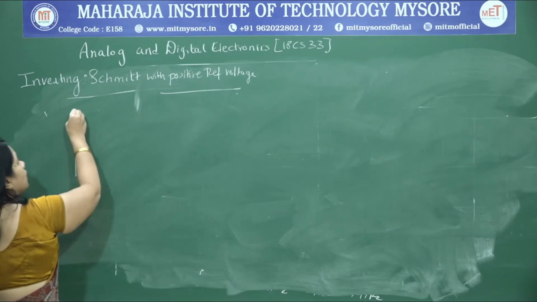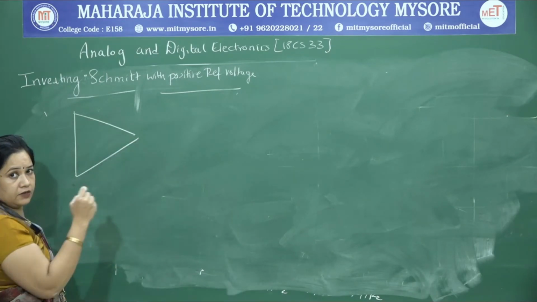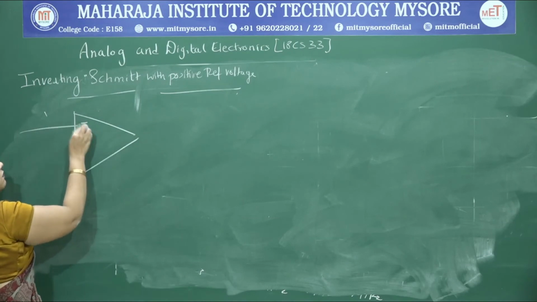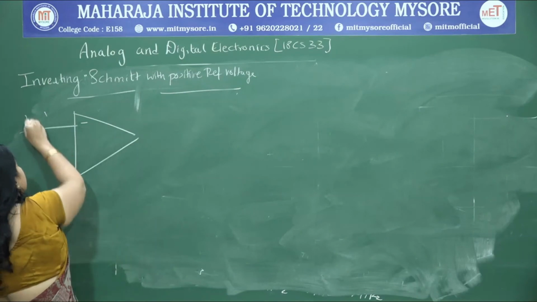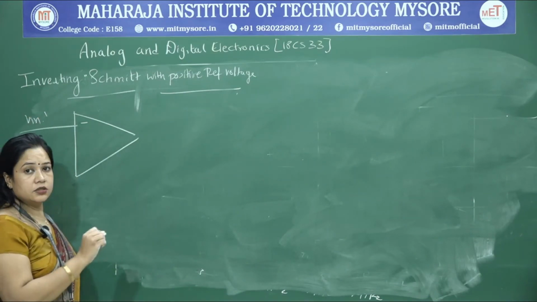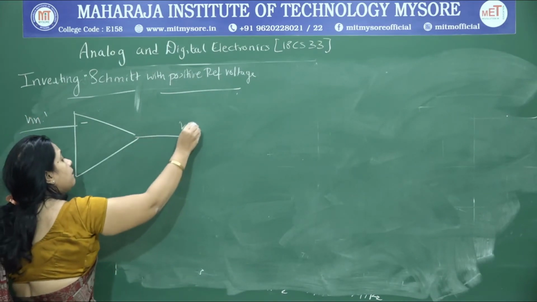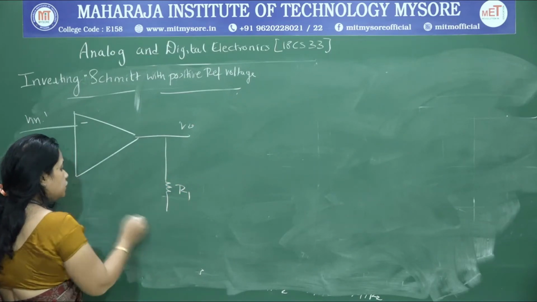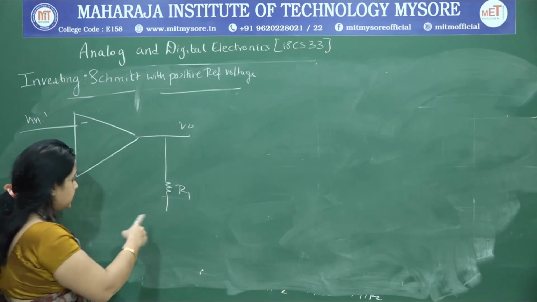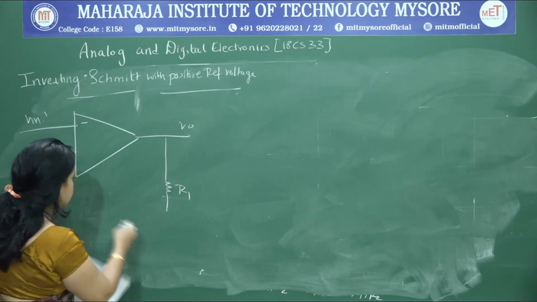So again we have an inverting Schmitt trigger. When I say inverting Schmitt trigger, the input is applied to the inverting terminal, and the output is connected back to the input through the feedback resistors R1 and R2.